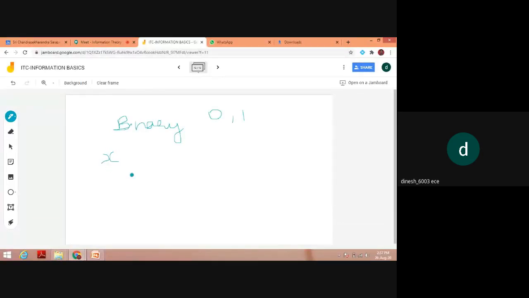X is your input, Y is your output. I'll draw it in yellow.